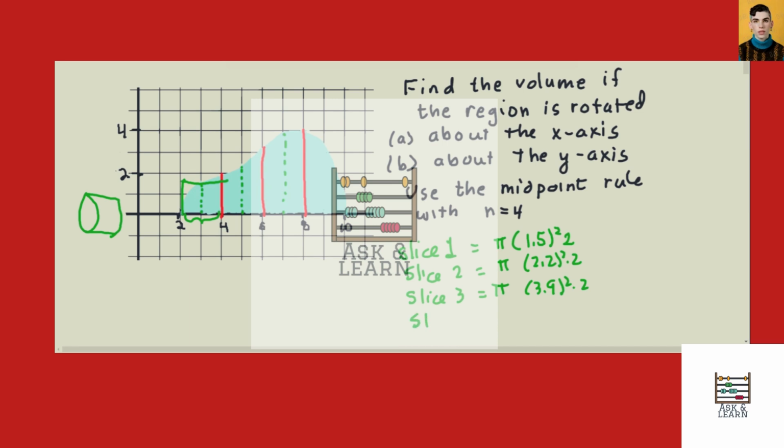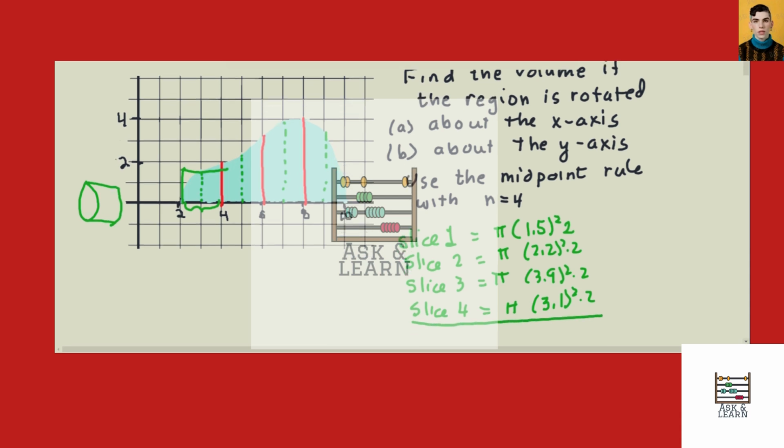And then slice 4. Pi times maybe like 3.1 squared times 2. So then for the total volume, I'm going to add them all up.